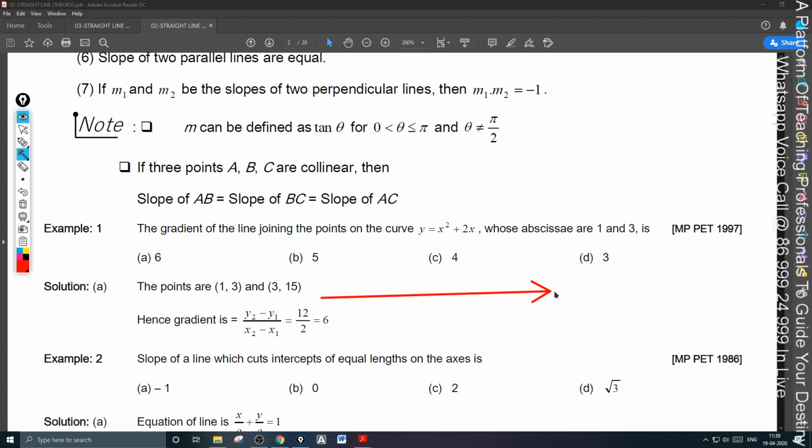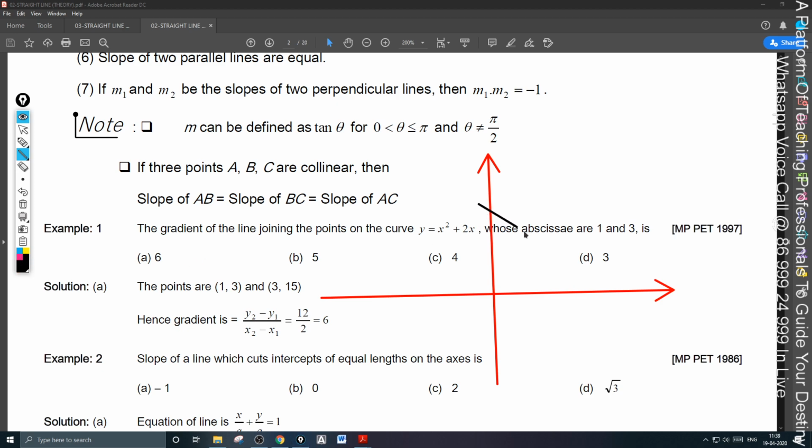This is the x-axis and this is the y-axis. Now we need such a line which is making equal intercepts on the axis.